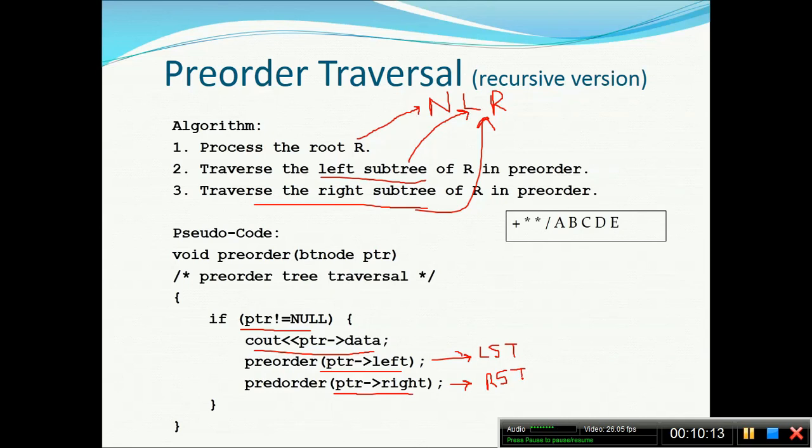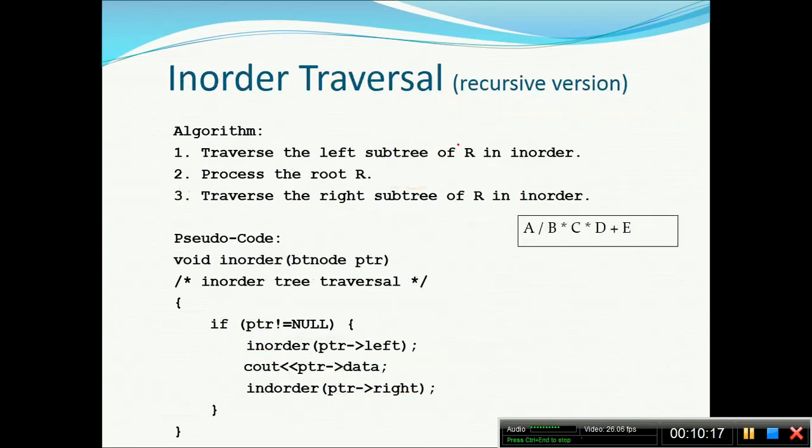Now after this, we'll try the in order. How does the in order go? Left, node, then the right. So it means left subtree of R in order, because we are doing the in order traversal. Then process the root R, that is the node, and then the right subtree.